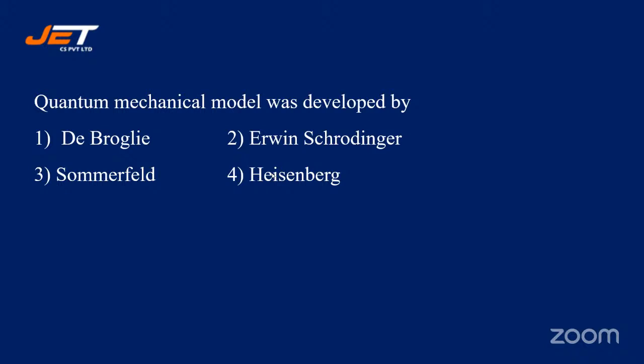You will not forget what kind of questions are being asked. There will be a quick revision also. All right, students? As I can see, maximum of you are saying option number 2. And those who have selected option number 2, Erwin Schrödinger, you all are correct, students. Well done.